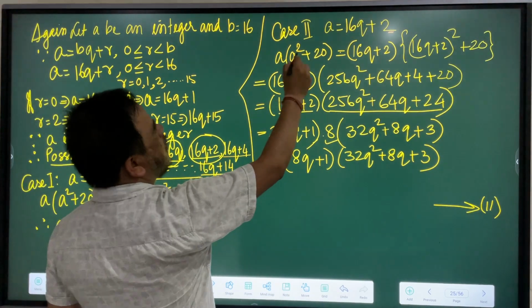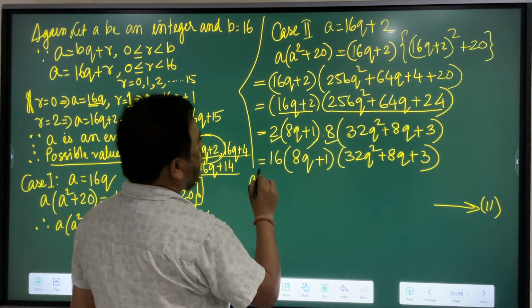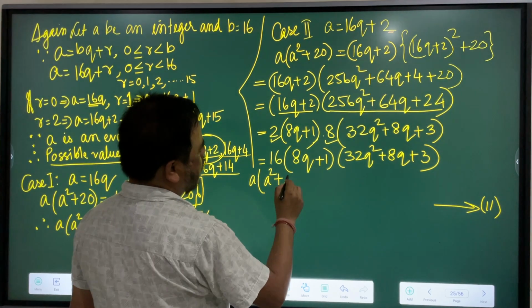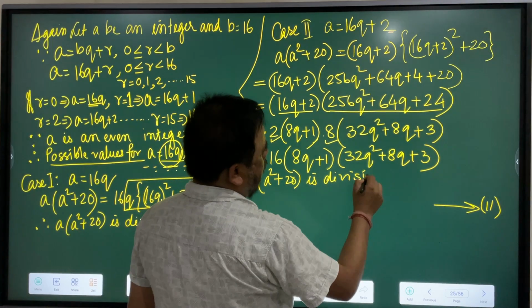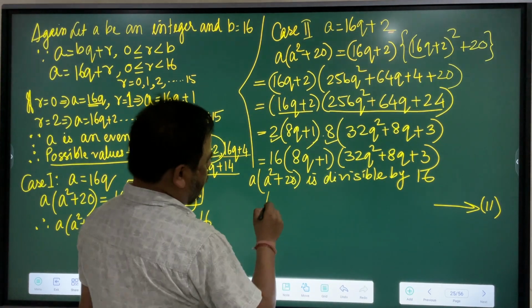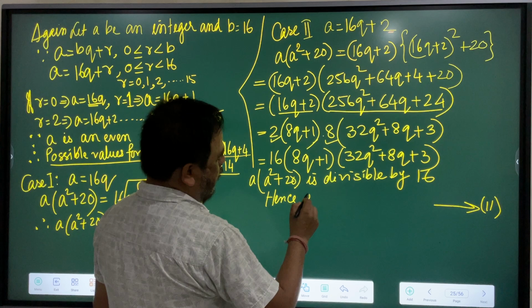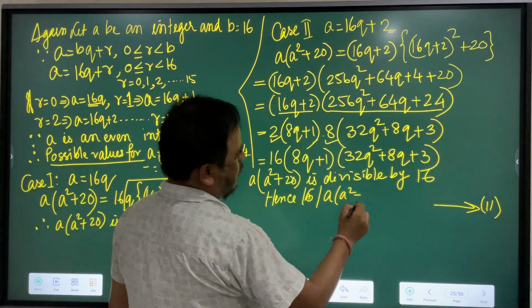So a(a² + 20) is equal to 16 into something. So a(a² + 20) is divisible by 16. Hence 16 divides a(a² + 20).